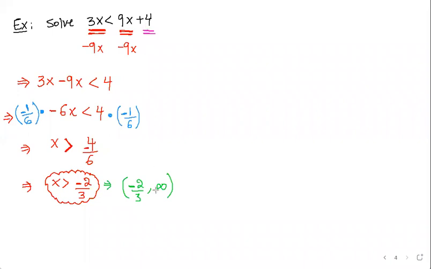Now to represent the solution on the real line, so this is my real line. At negative 2/3 is an open circle.